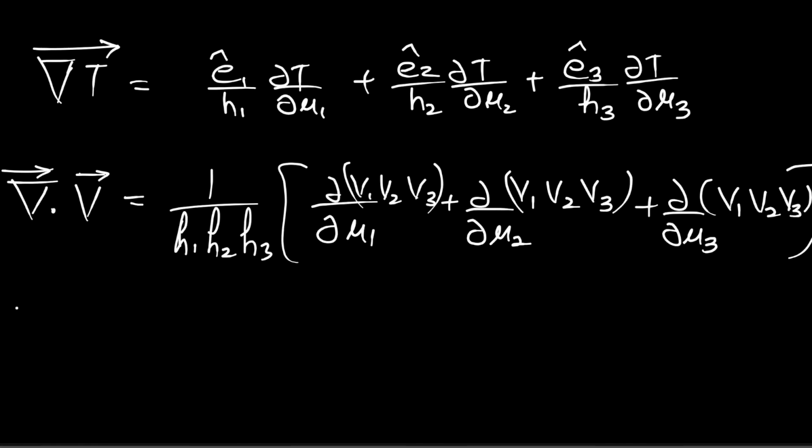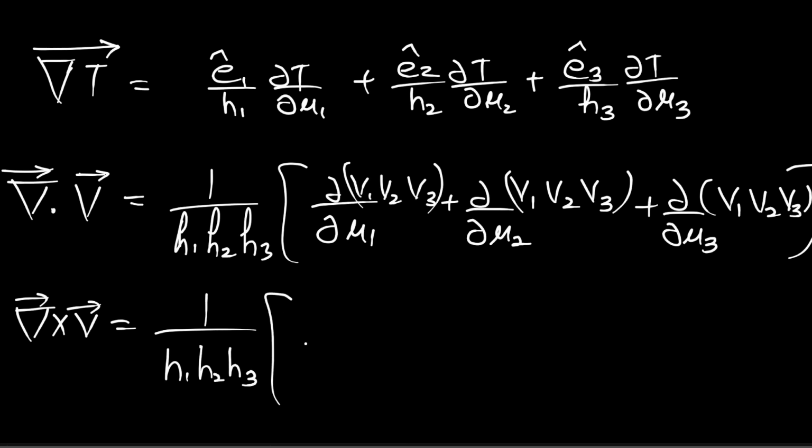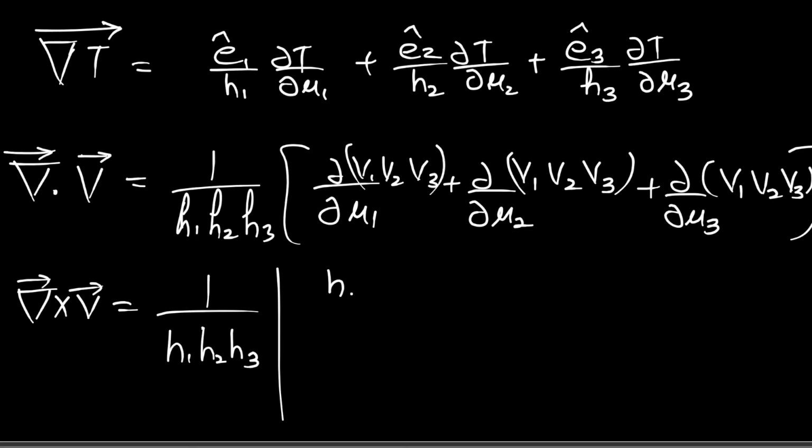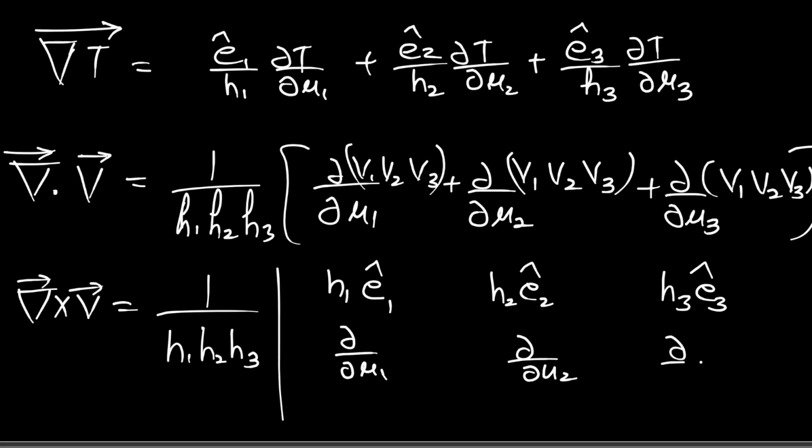Okay, and similarly, if you want to find out the curl of the v vector, it comes out to be 1 by h1 h2 h3, and then h1 e1, h2 e2 and h3 e3, with respect to u1, u2 and u3, and then if I put the values, h1 v1, h2 v2 and h3 v3, that's it.